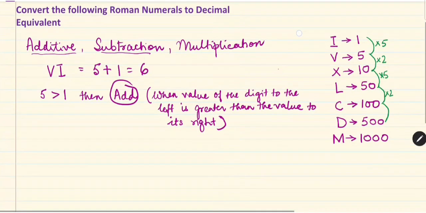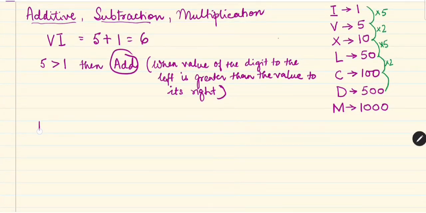If, on the other hand, we look at I followed by a V, again, look at the values of the digits and their positions. I is to the left of V, correct? And I has a value of 1, which is less than V, which has a value of 5. So if the digit to the left has a value less than the digit to its right, then you subtract.